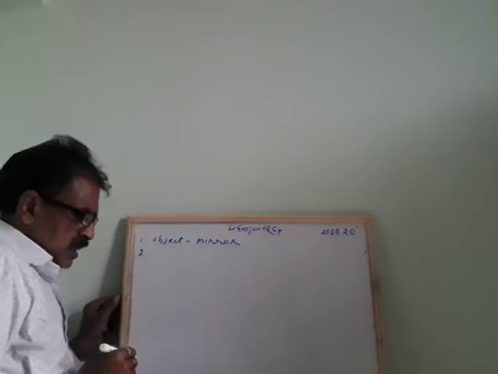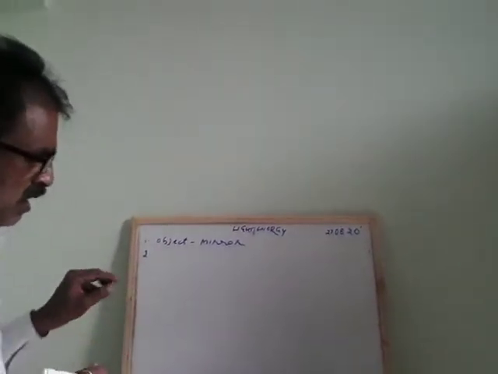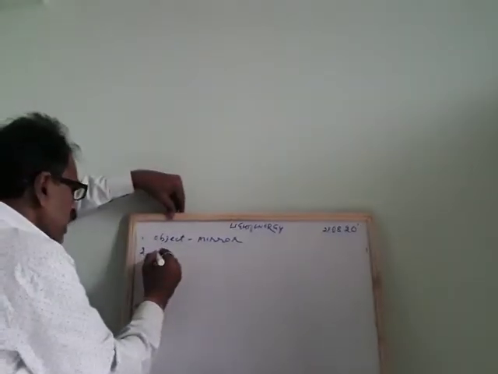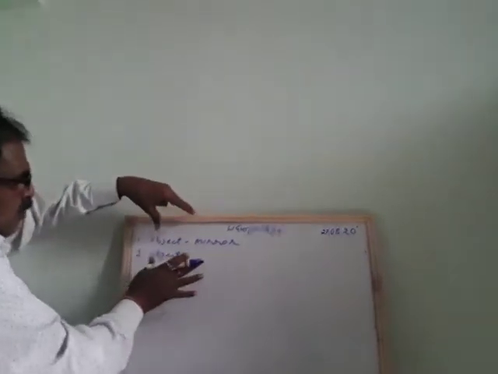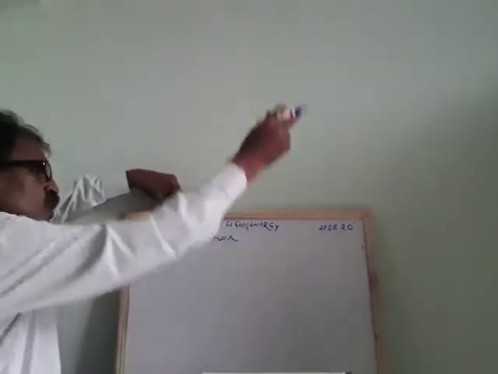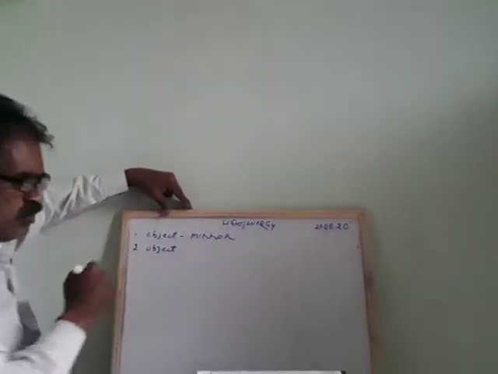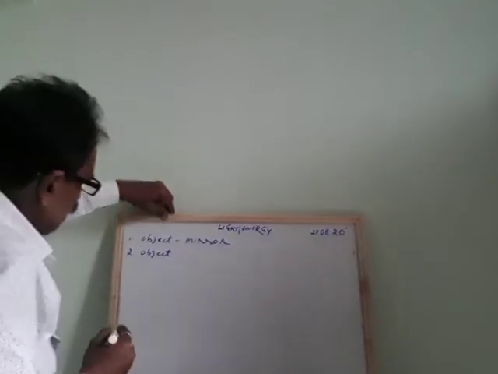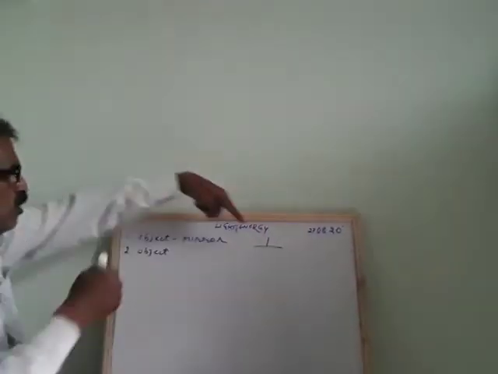And one more condition is this. Object should be placed perpendicular. Object should always be perpendicular to the principal axis. So if this is the principal axis, this should be the object.